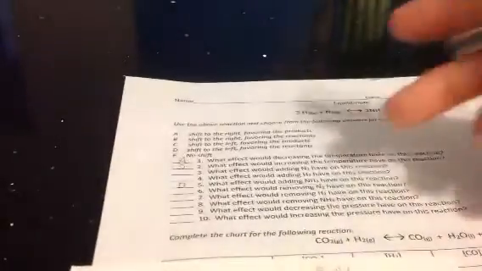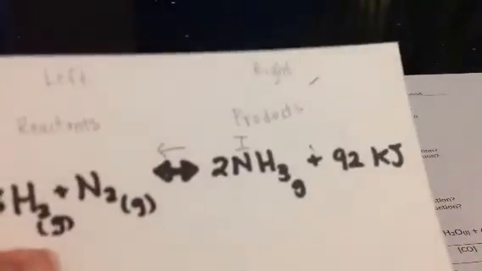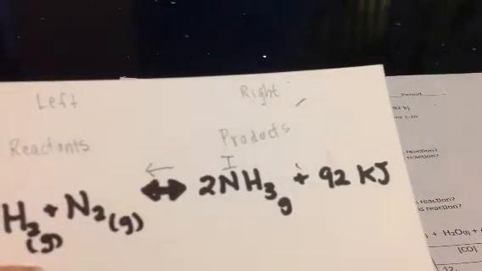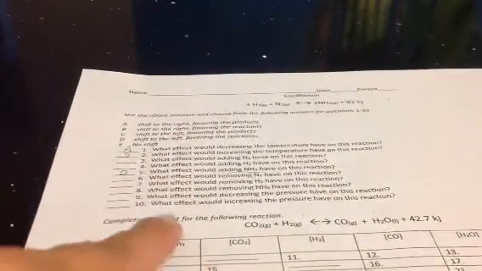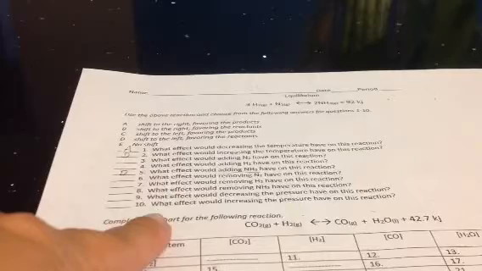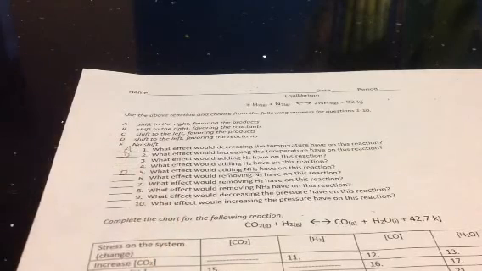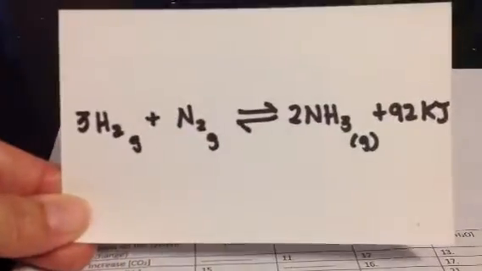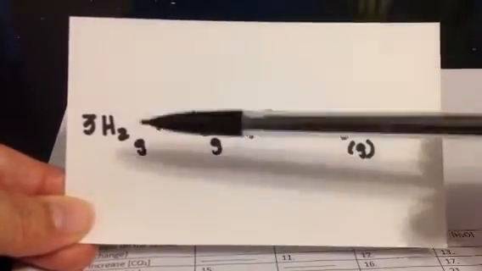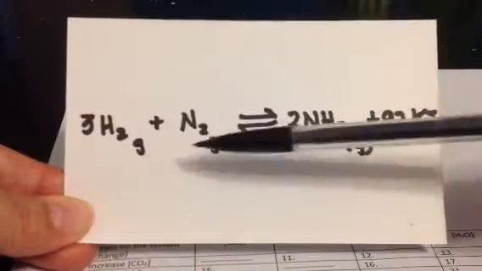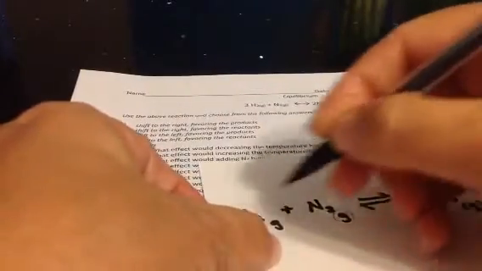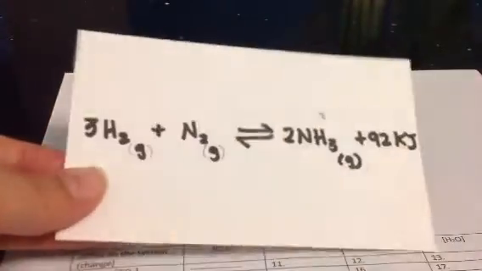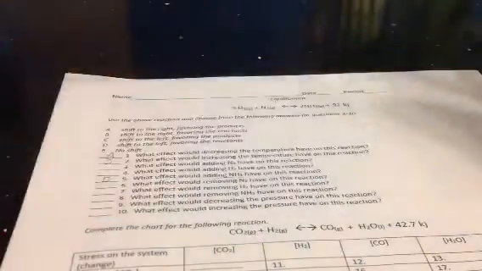All right, so for most of those problems, knowing your arrow is going to work out perfectly fine. However, on pressure, there is something slightly different. It says, what effect would decreasing the pressure and increasing the pressure have? And that depends on the reaction that you're looking at. So here I've got some things that I want to point out to you. Each one of these states of matter on this card indicates that you're looking at gases.